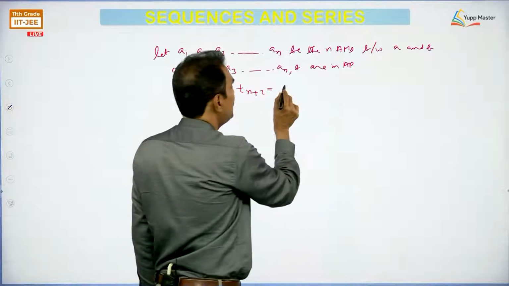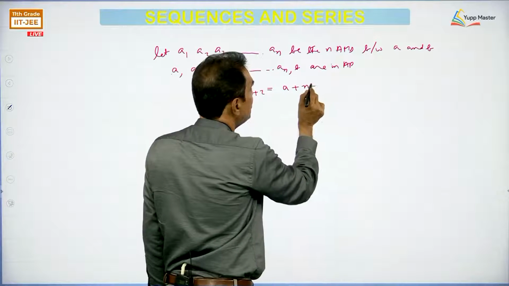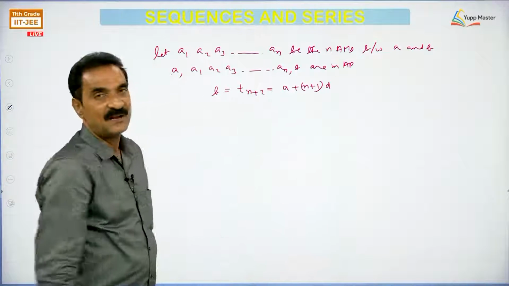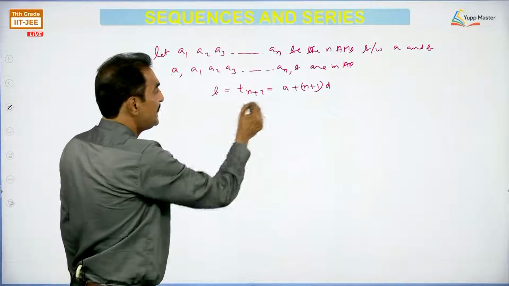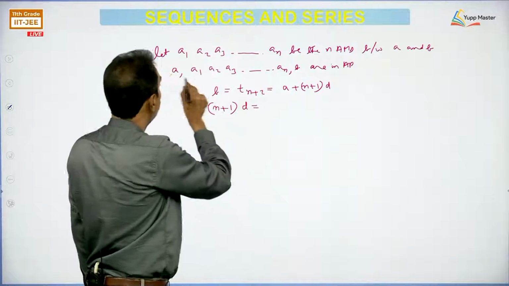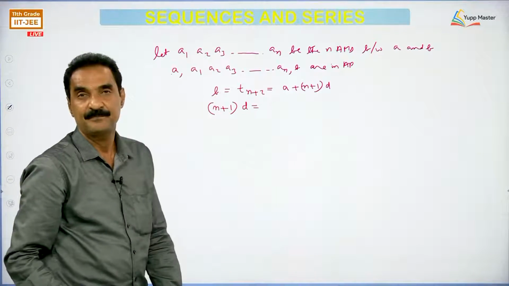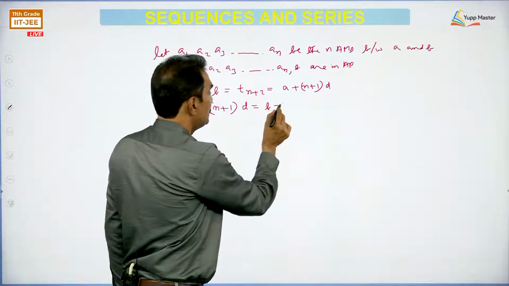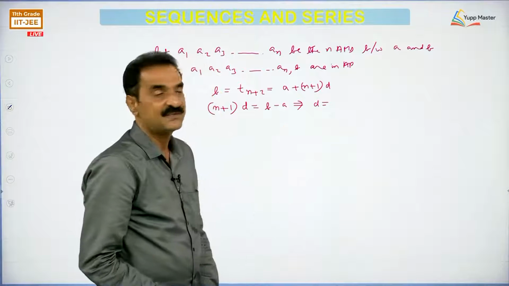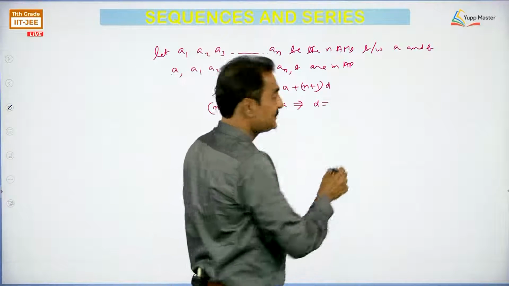T(n plus 2) will be A plus (n plus 1) into D. N plus 2 minus 1, n plus 1, into D. So (n plus 1) into D will be equal to B minus A. So we get D, the common difference of the progression, is (B minus A) by (n plus 1).